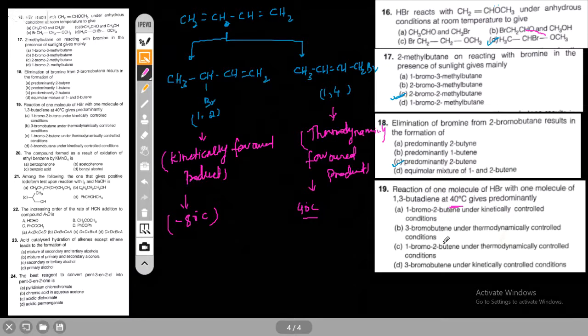So 3-bromobutene is not possible. We'll have 1-bromo-2-butene under the thermodynamically controlled reaction. Option C is correct over here. So both conditions you must remember according to the temperature.